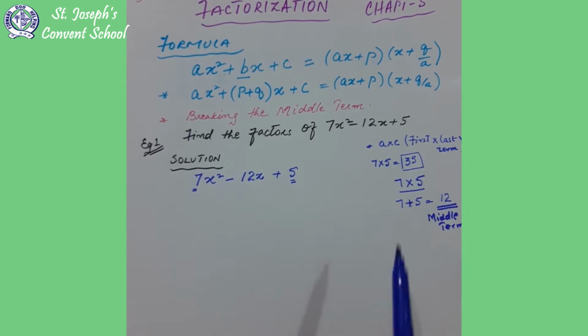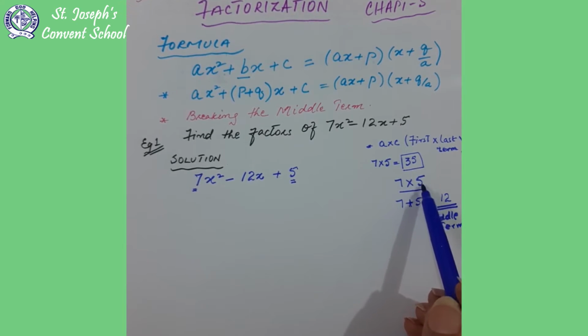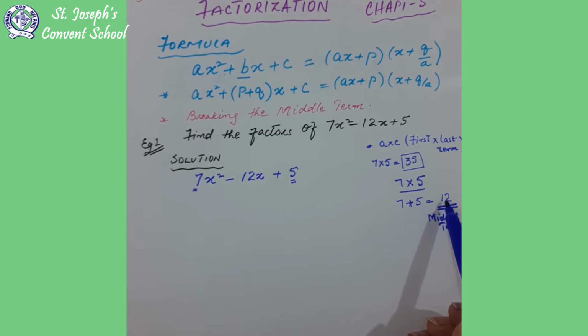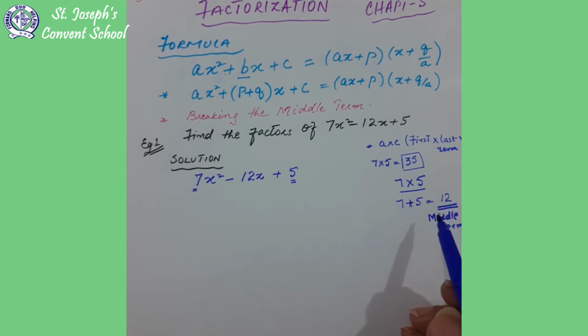So the two factors of 35 are 7 and 5. When you add these two factors, 7 plus 5, you get the middle term 12. This is the required middle term. So these are the two factors.